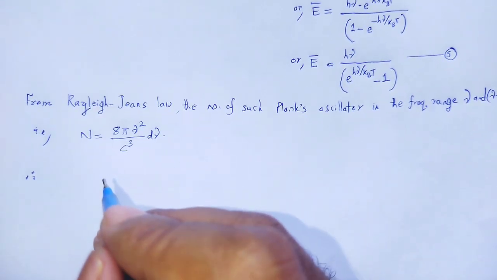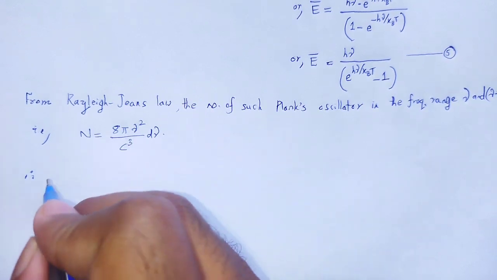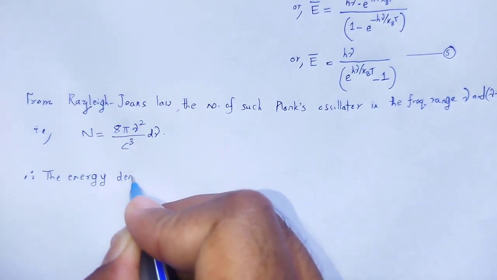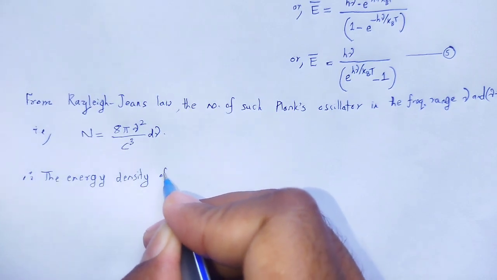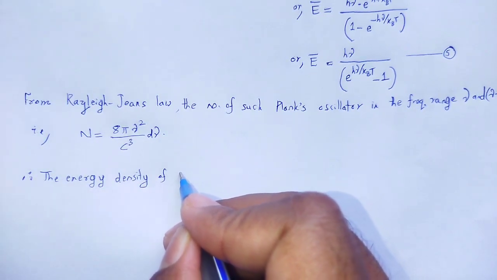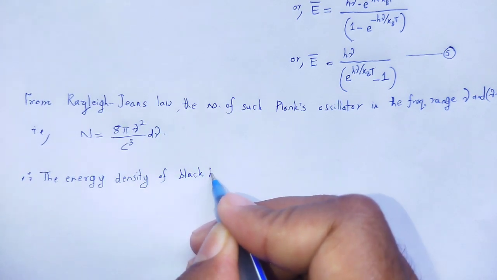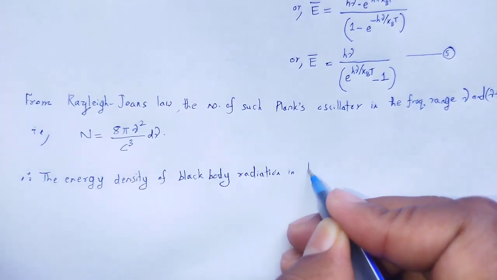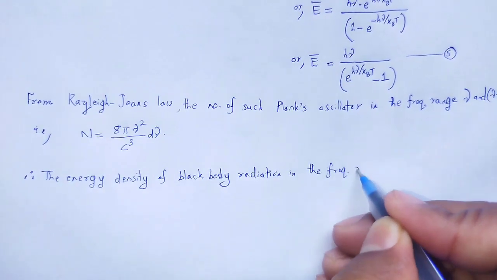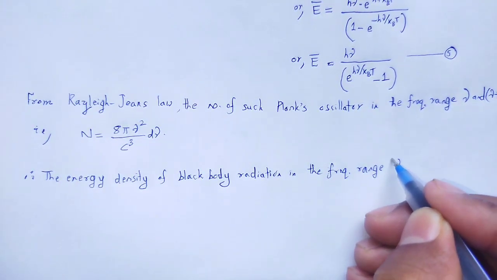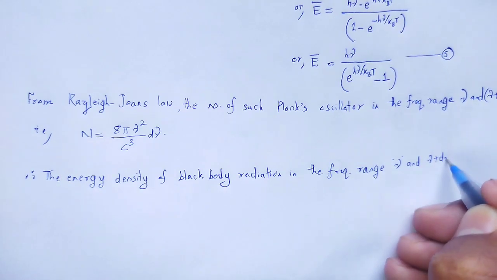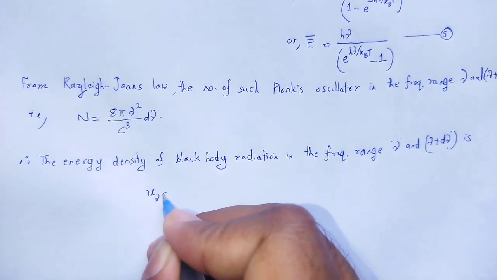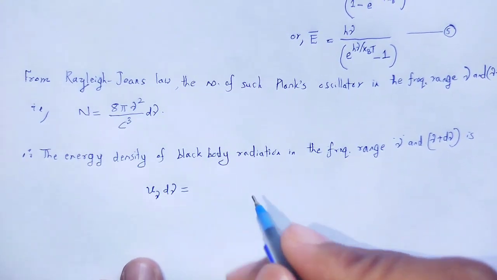Therefore the energy density of blackbody radiation in the frequency range nu and nu plus d nu is u nu d nu, the energy density in that frequency range.